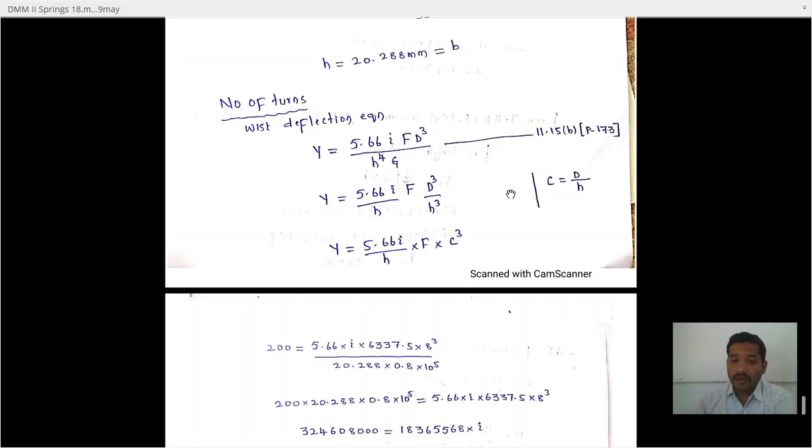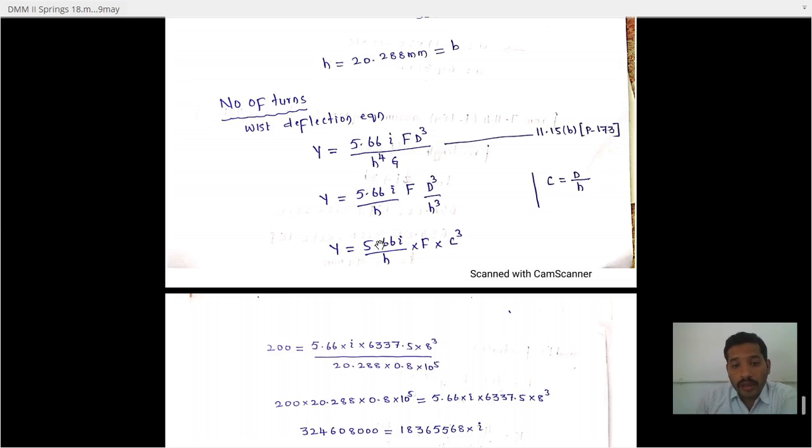So 5.66 by h into I, the number of turns, into force into d cube. We can represent it in such a way that, if the bases are the same, the powers should be added. I missed the g value here; please write down g here.